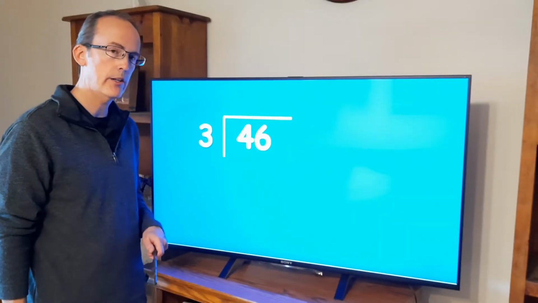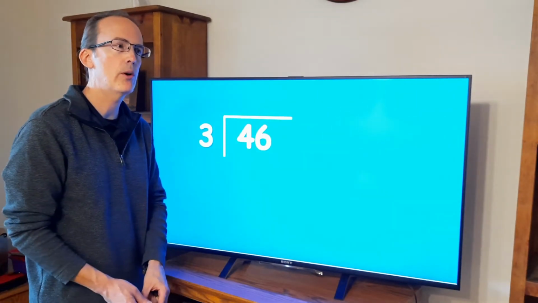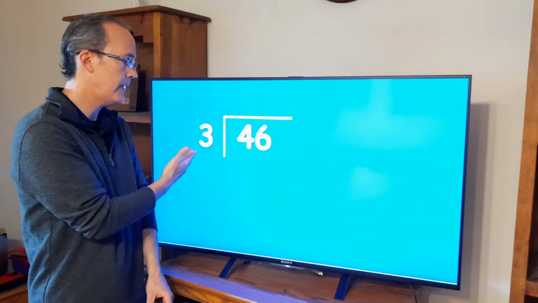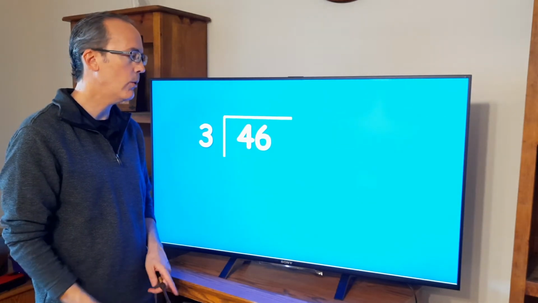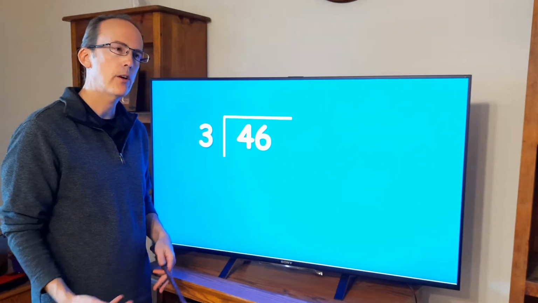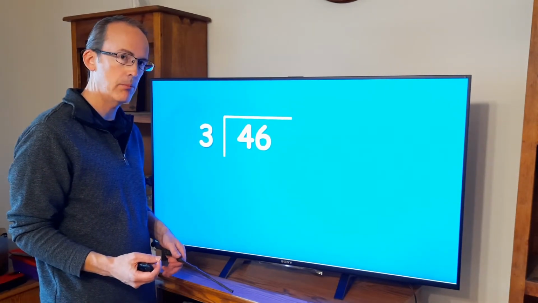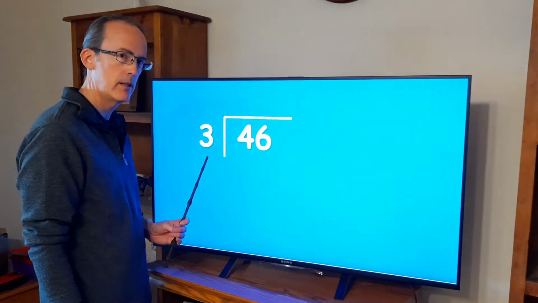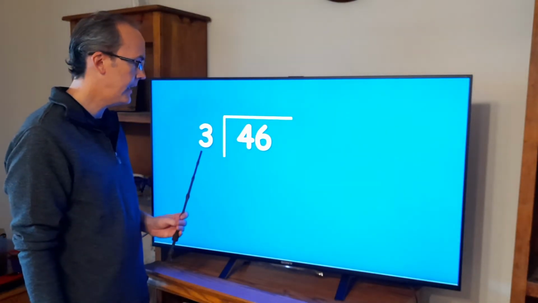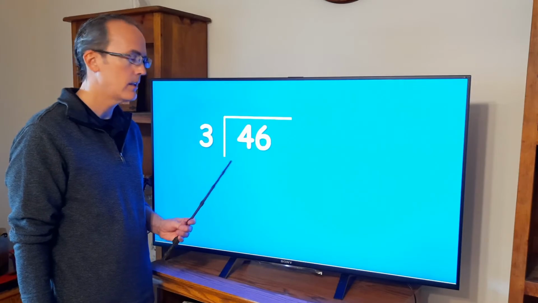Let's try another one. This one is a little larger of a number. Now let's say you don't know how to count by, in this case, 3s. What we can do is start with 10. I always like to pick 10s and 5s to multiply my divisor with. They're easy to do. 10 times 3 is 30, and I'm not past this number.